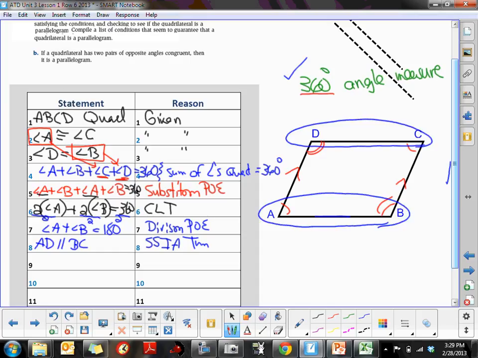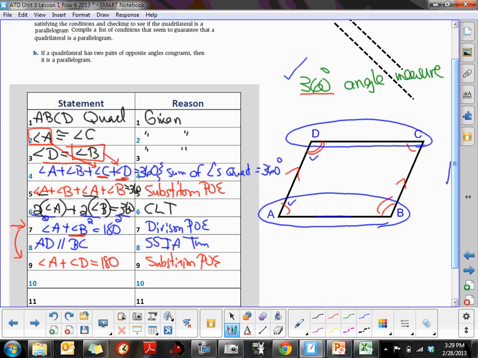And that means we want to look at another pair of same side interior angles. So what I want to do is prove that angle A and D have to add up to 180. Well, if we know already that A and B add up to 180, we knew from a fact earlier that angle D was the same as angle B, so I'm going to replace angle B right here with angle D, so A plus D equals 180, and that is by substitution once again.